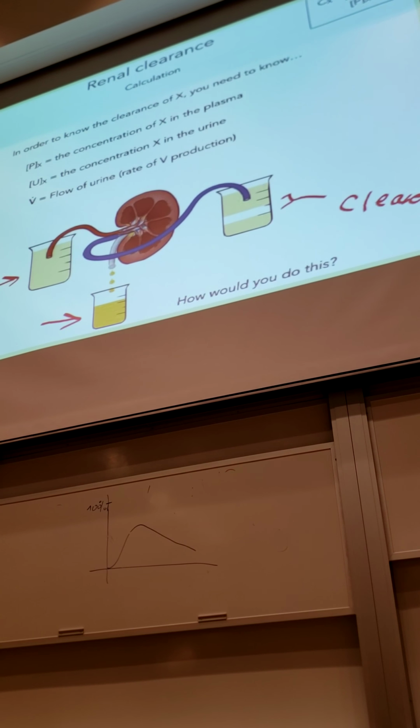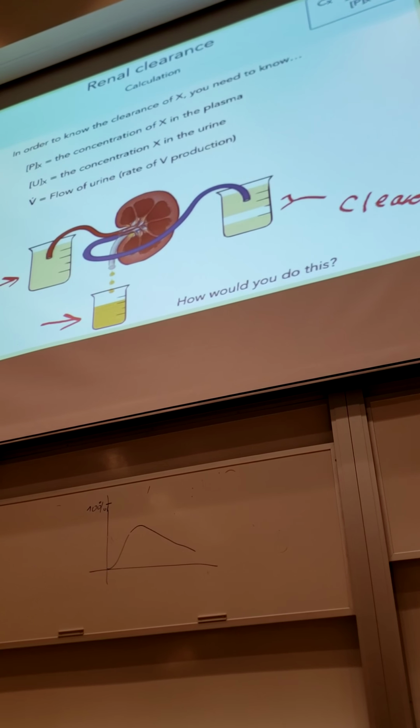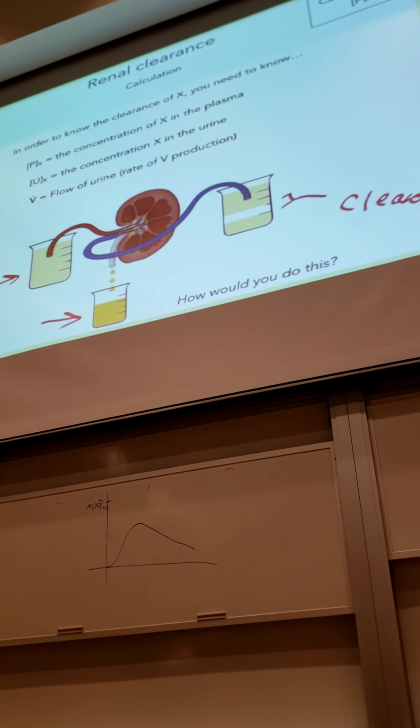Yeah. So what does dialysis do? Dialysis clears your plasma. Dialysis is a way of removing substances from your blood plasma. If somebody is on dialysis, it's usually because their kidneys aren't functioning properly and they need to be able to remove waste products from the blood.